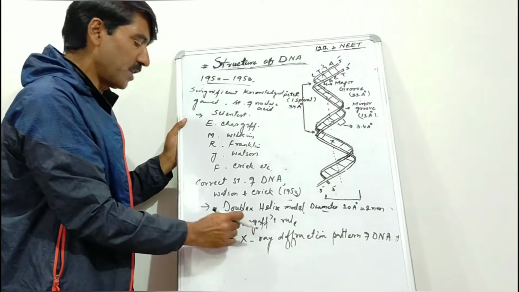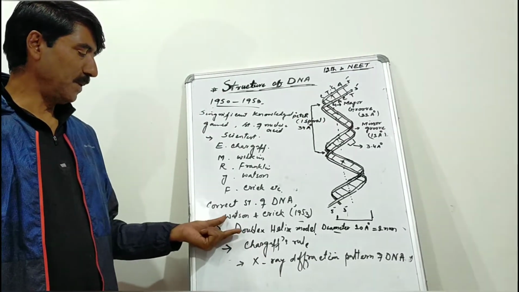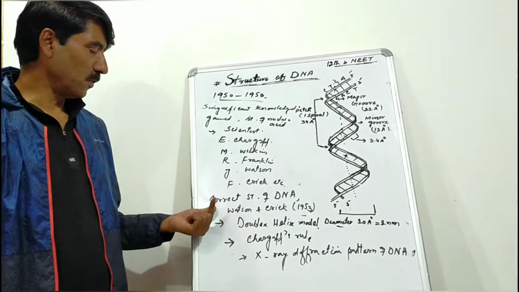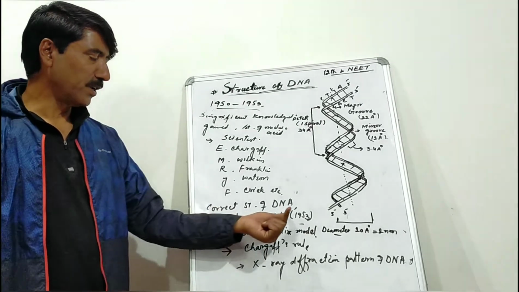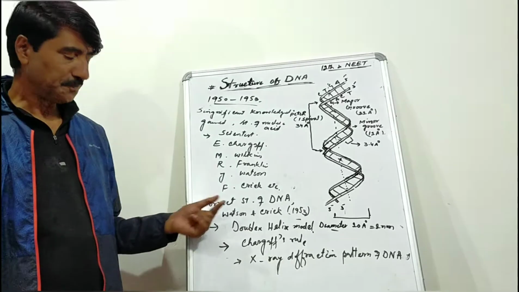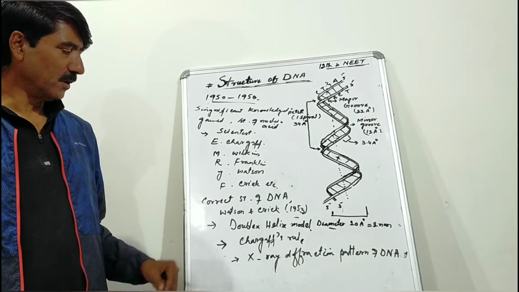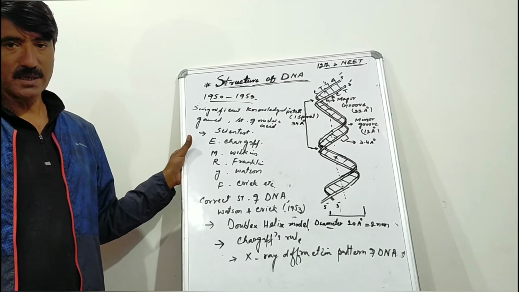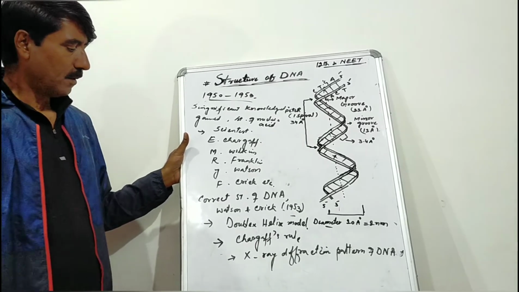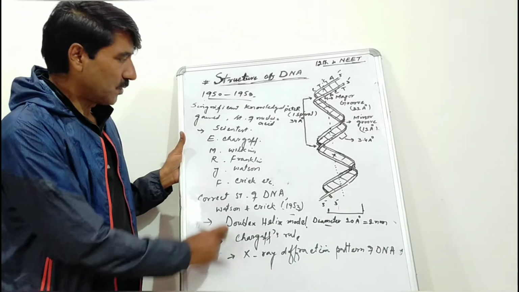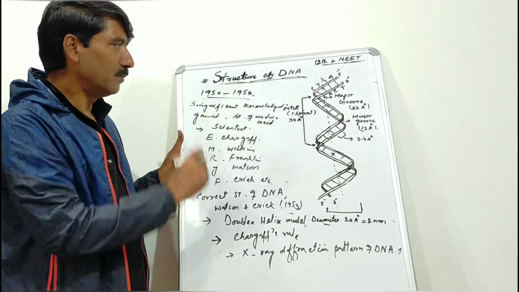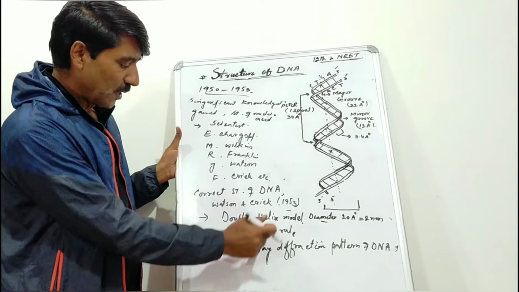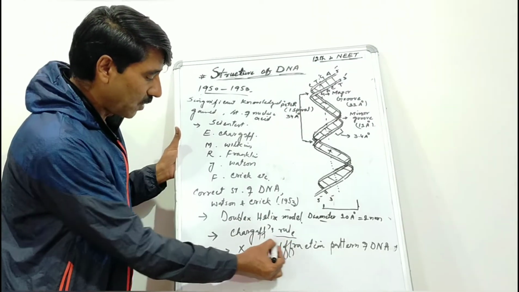Now these two studies form the basis of the double helix model, which was proposed by Watson and Crick in 1953. Remember, this model got them the Nobel Prize in medicine and physiology. Now, first, to study the model of DNA, that is the double helix model, let us first study the Chargaff's rule.